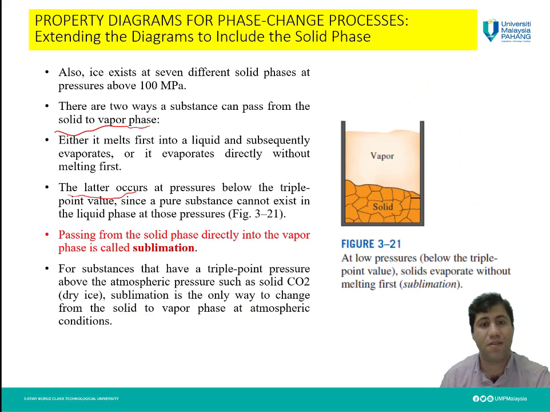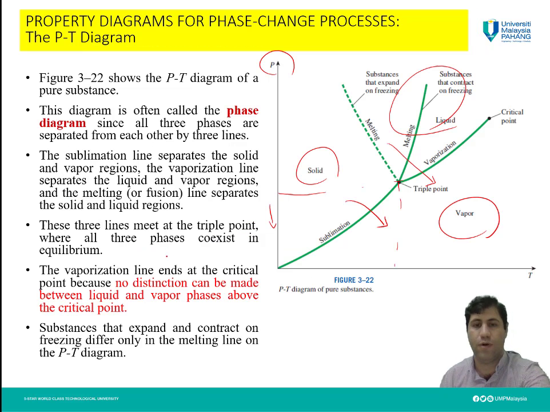Passing from the solid phase directly into the vapor phase is called sublimation, which we can see also here. So this line is the sublimation line, the crossing from solid to vapor. This line is vaporization from liquid to vapor, and this line is melting from solid to liquid. But you can see here we have two different lines for melting.